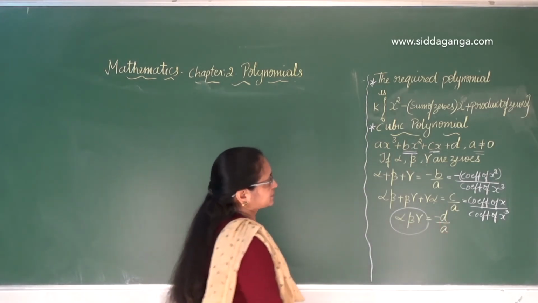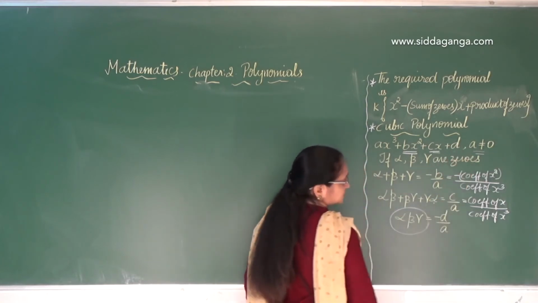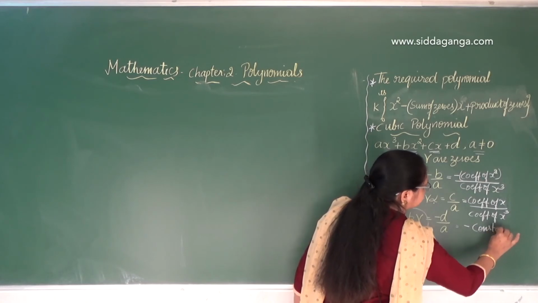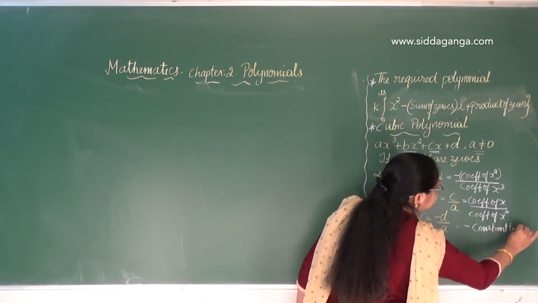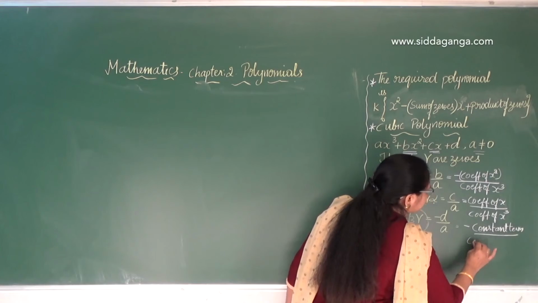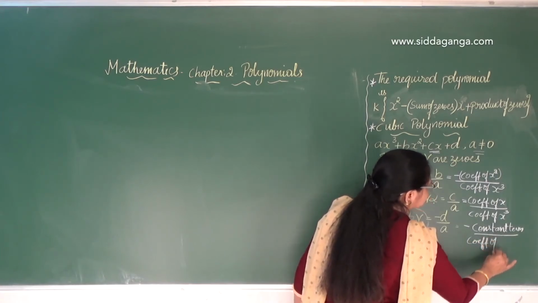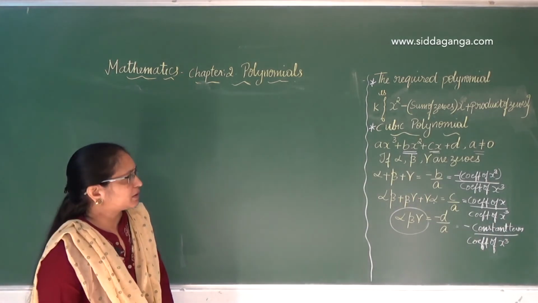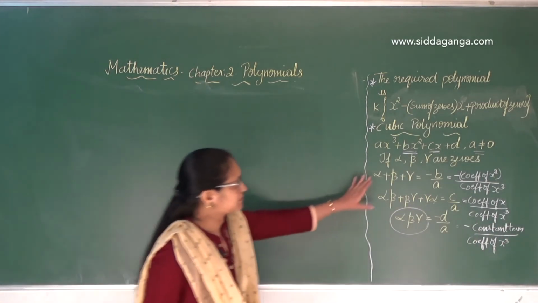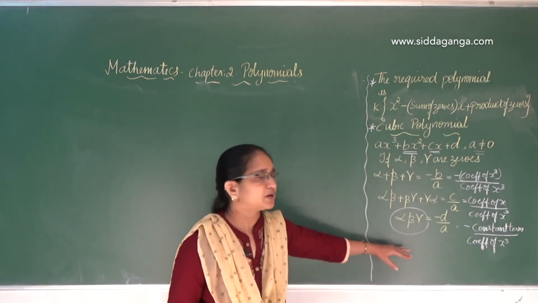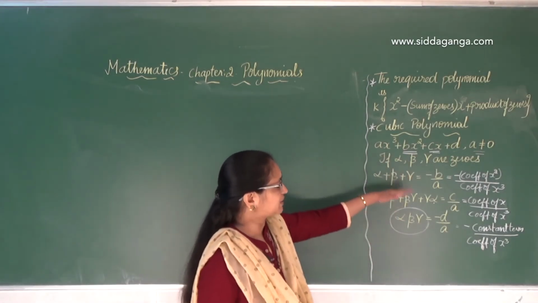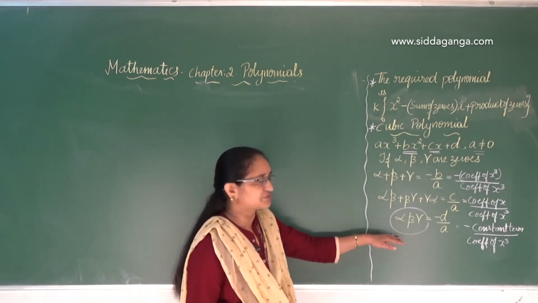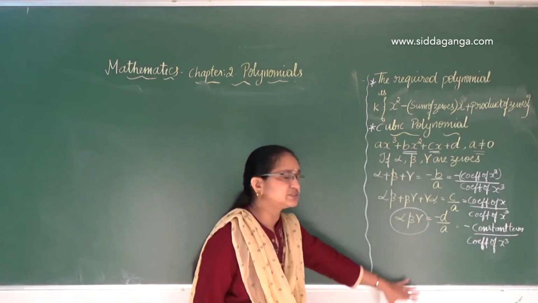Minus d by a means here d is the constant term, so it is minus constant term divided by the coefficient of x cube. I hope it is clear now. So, if you remember this, you can solve any problem. If they ask you to find the relationship between the numerical coefficients and the zeros, you can find it using this formula.